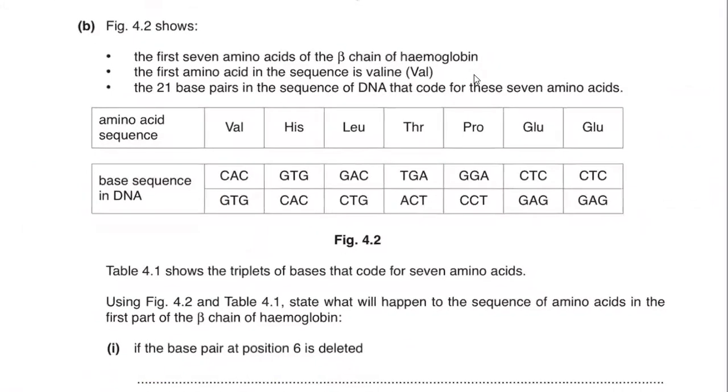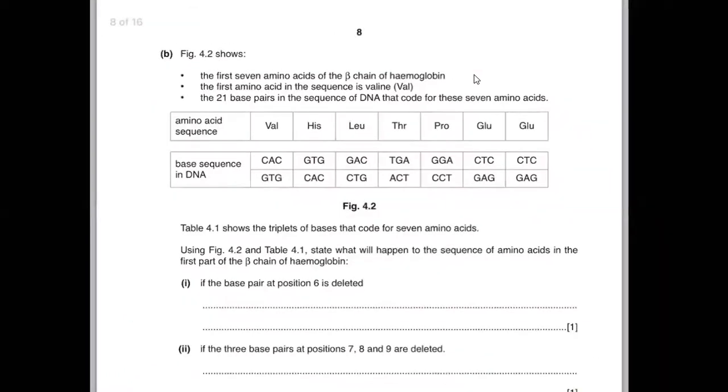Let's go forward into the question. Table 4.1 shows the triplets of bases that code for 7 amino acids. Okay? Using figure 4.2 and table 4.1, the table is coming below. State what will happen to the sequence of the amino acids in the first part of the beta chain of hemoglobin. Now I'm holding my screen like this so that all of you can see.